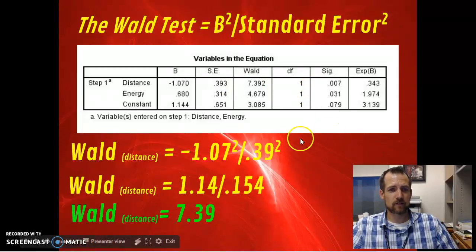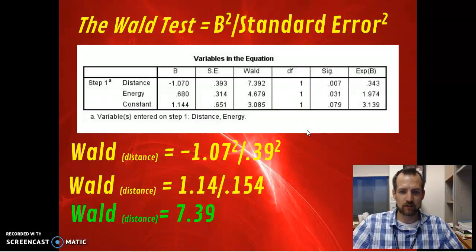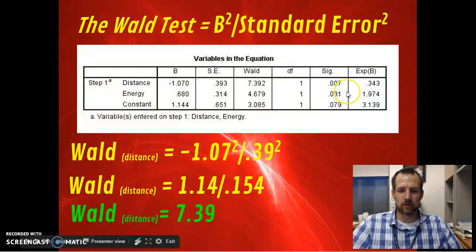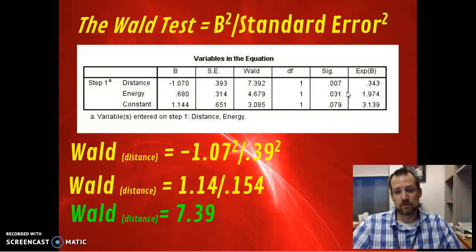So that's the first way, and that's the way we make sure that those beta values are significantly different from 0, that they add sufficiently to the model. If this p-value is above 0.05, we would say no, this particular variable is not sufficiently adding to the model, and so we could just leave it out.